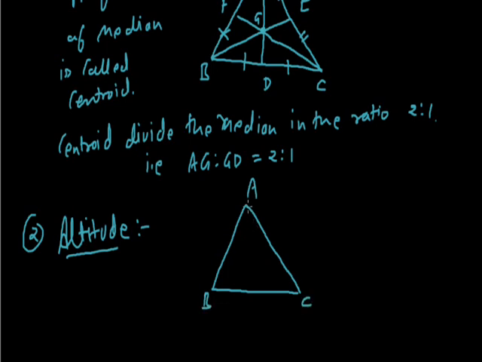From this vertex, if I drop a perpendicular to the opposite side, let's say this is the perpendicular to the opposite side, let it be AD. Now here AD is an altitude because it is making 90 degrees to the opposite side.